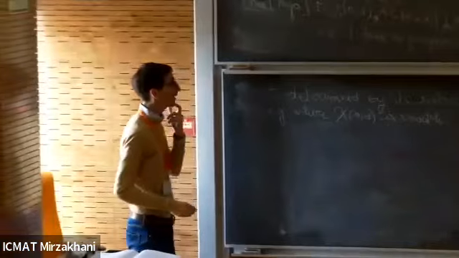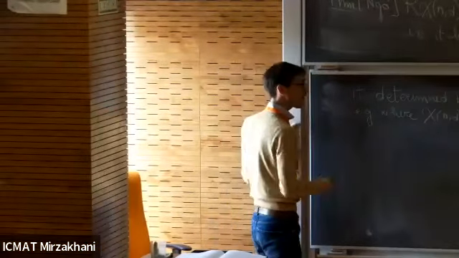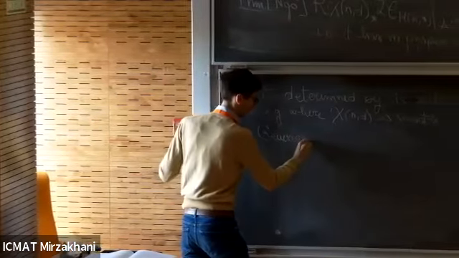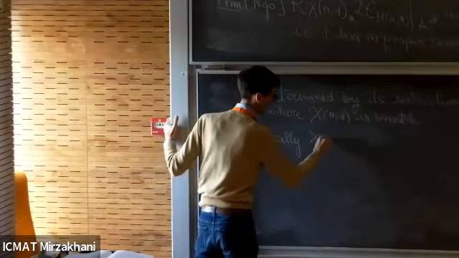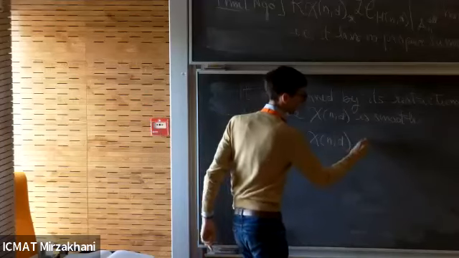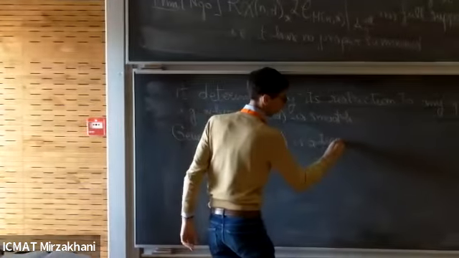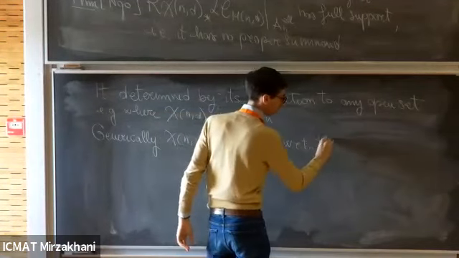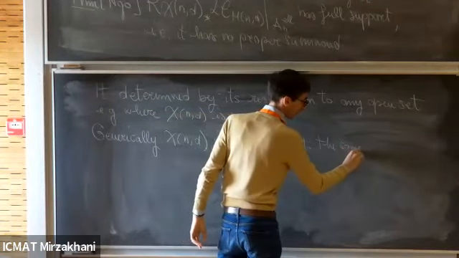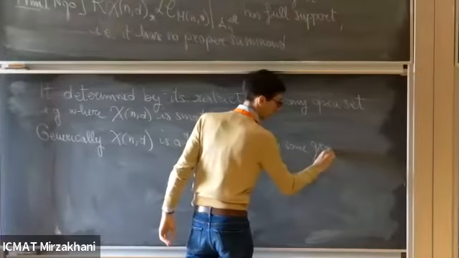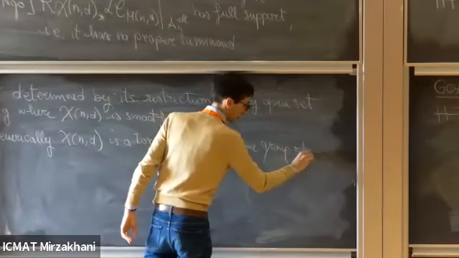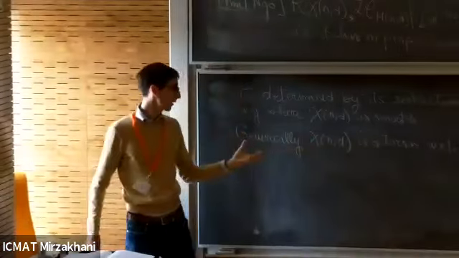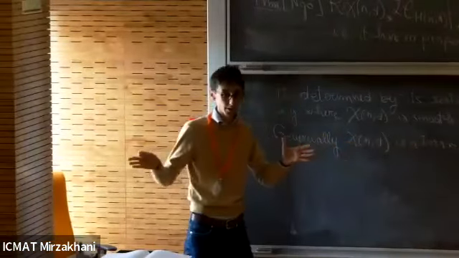But generically, chi and d is a torsor with respect to the same abelian group scheme. And it's a property of abelian group schemes that the cohomology of their torsors is all the same.